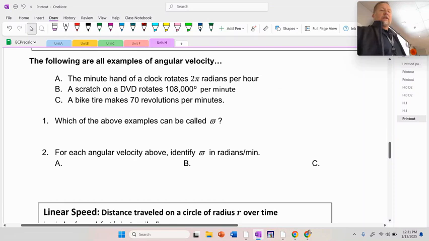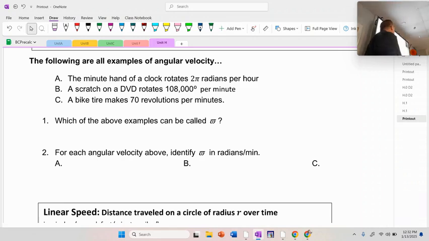All right, so read those three. And tell me which one is ready to be classified as angular velocity by definition. And by the way, we've got to get rid of these. Somehow the font changed with the line above it. There's no line above that W. It's just W. Okay, which of the above examples can be called W then legally by definition?